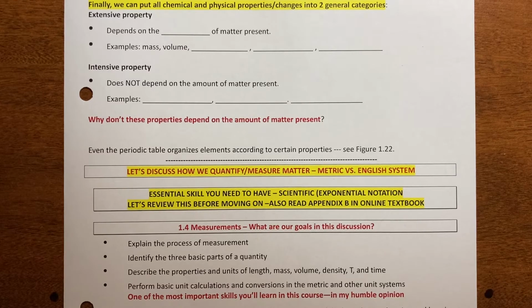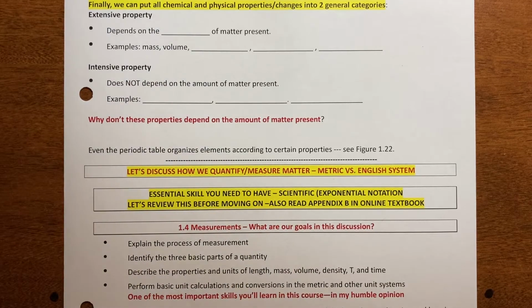You're going to have to think about length in centimeters and meters and not feet and yards, and so on. The metric system is a much more useful system for scientific things because it's based on powers of 10.